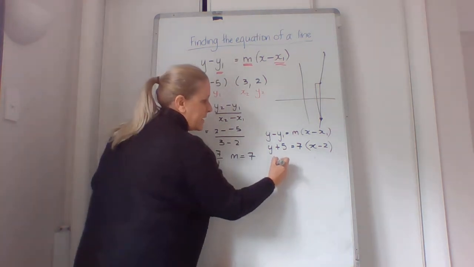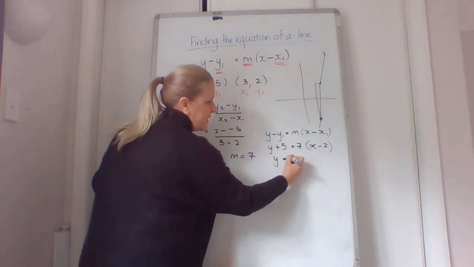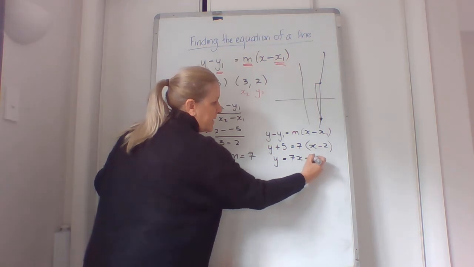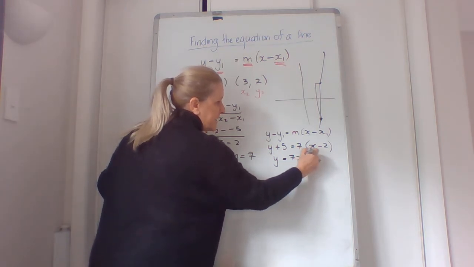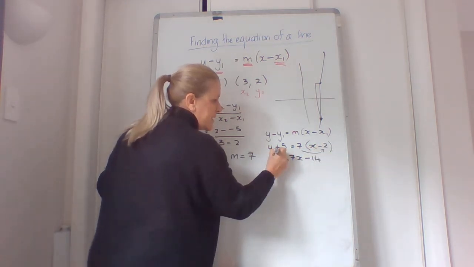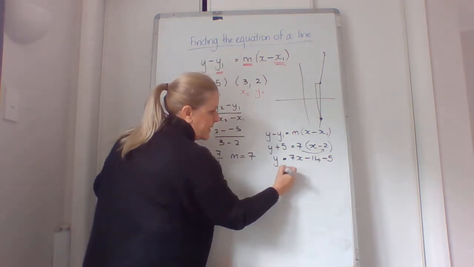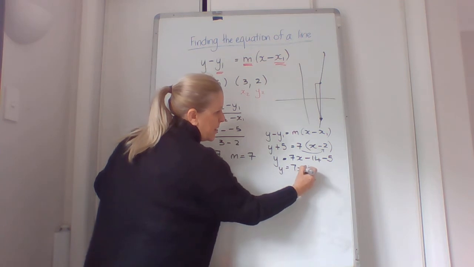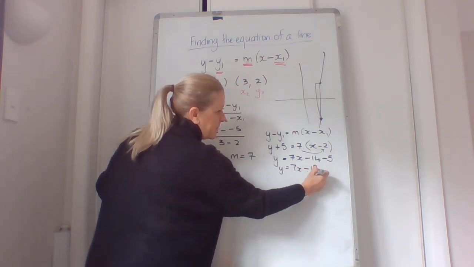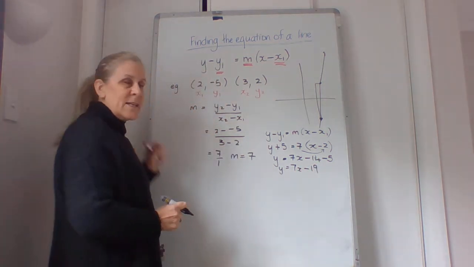So we need to tidy it up a little bit. We've got 7x minus 14, that's that times that, and this one onto the other side, minus 5. Y equals 7x minus 19. All right.